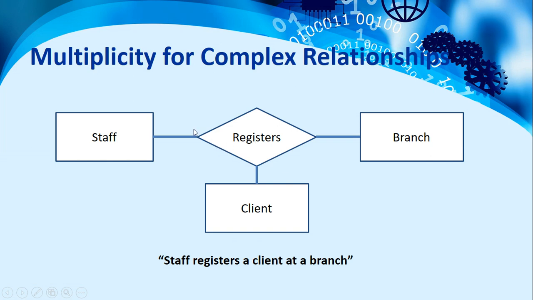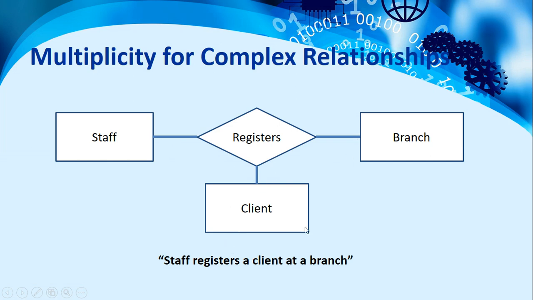Going back to this, we saw this in the previous subtopic on ternary relationship. This time, how are we going to assign multiplicity for this complex or ternary relationship?